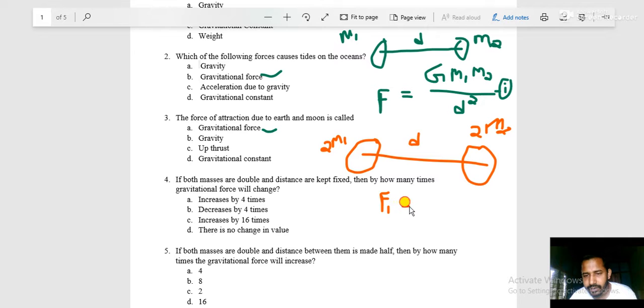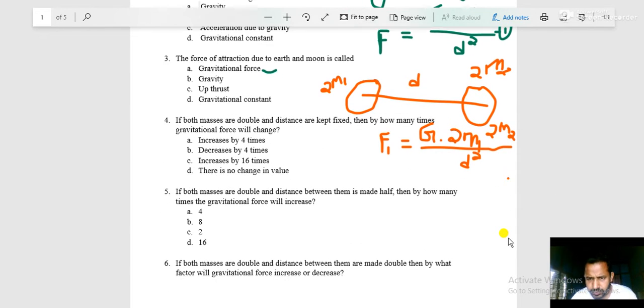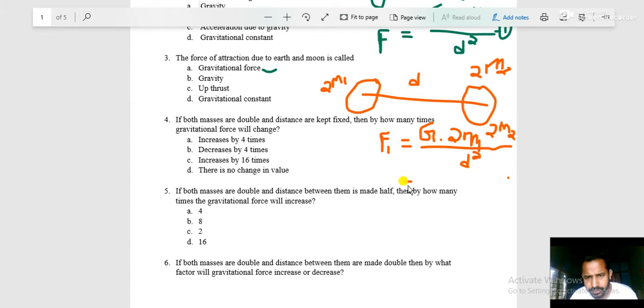It should be G times 2m1 times 2m2 by d square, because the distance is the same. Now arrange this: 2 times 2 is 4, so you get 4 G m1 m2 by d square.